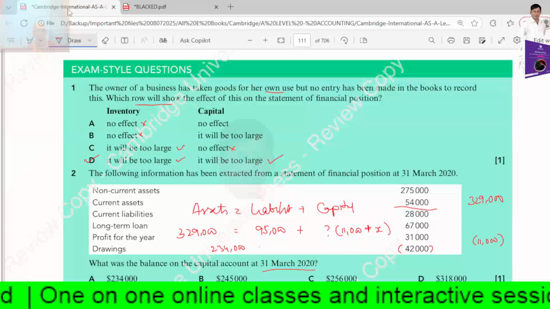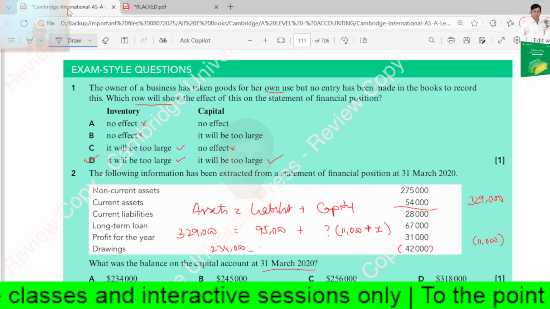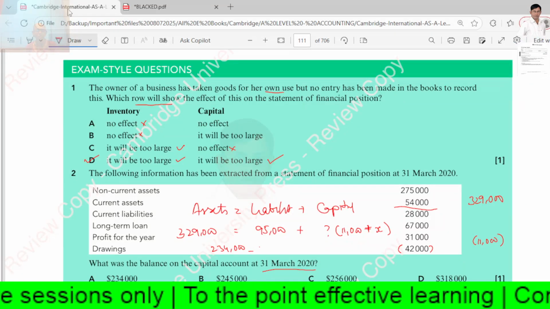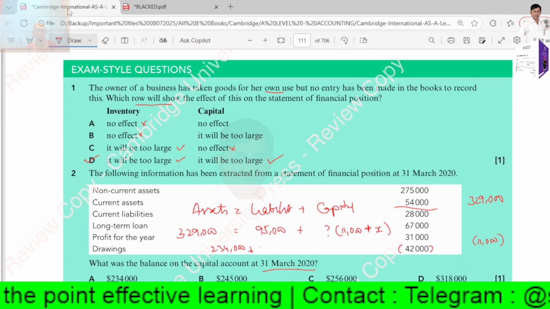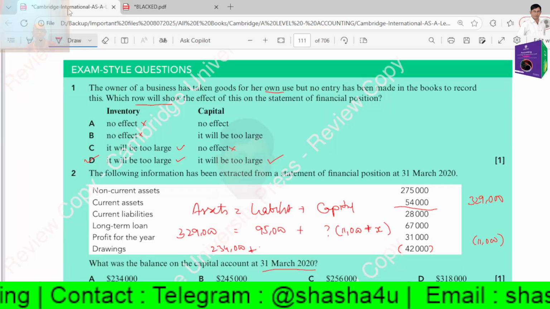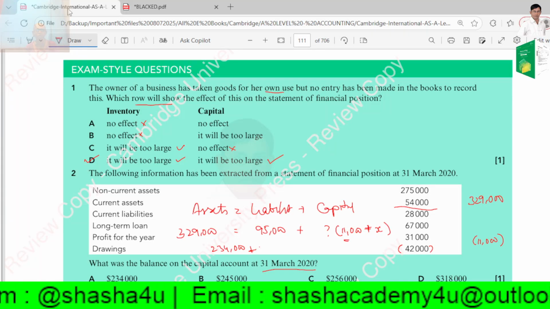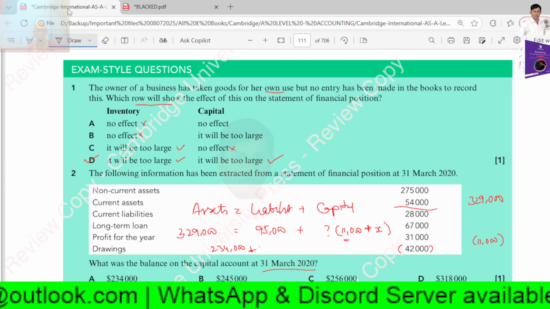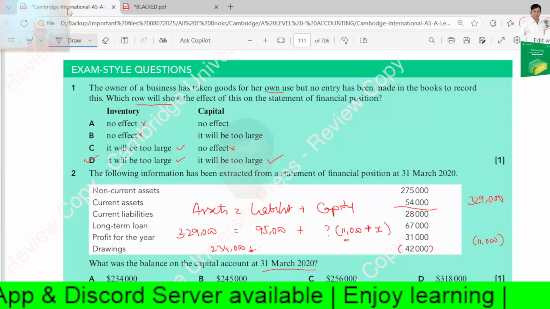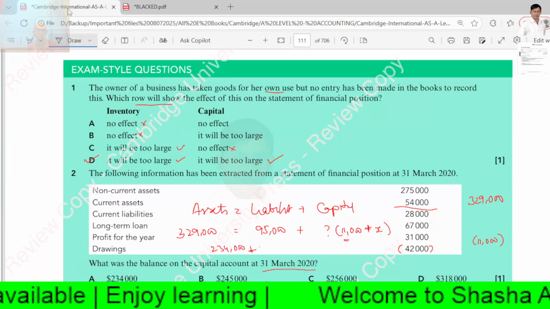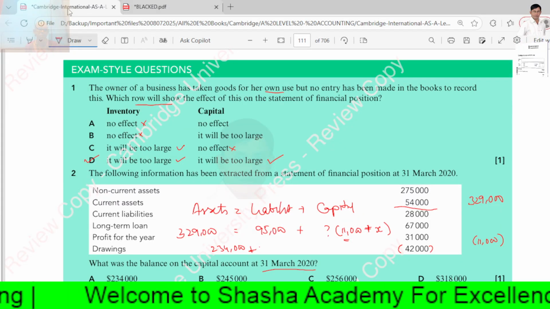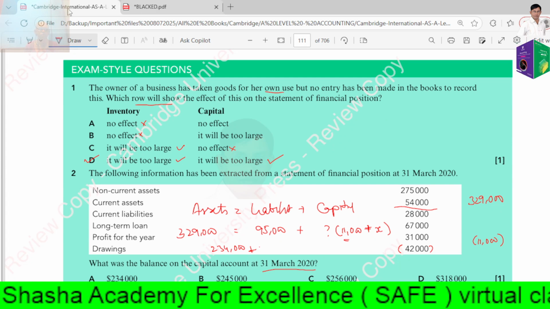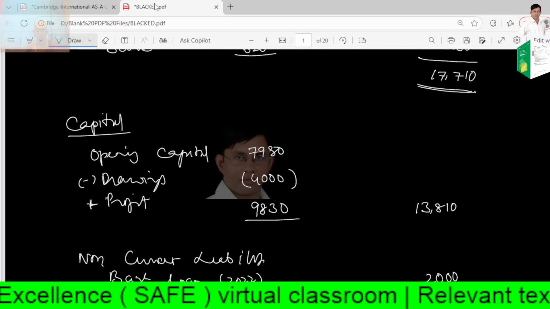This side minus 11,000. This is already minus, no? Minus 11,000, right? Because it is drawings. You have put it in bracket, right? So this will become plus when this comes this side. So basic maths, if you are bad in basic maths, I can just show you here.